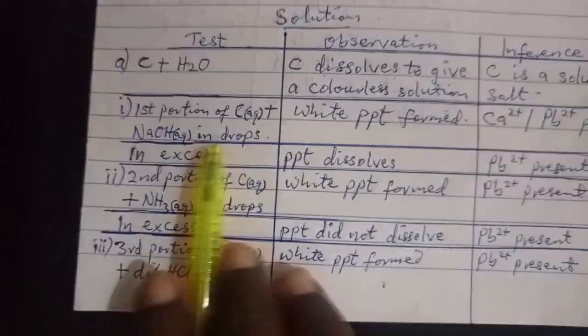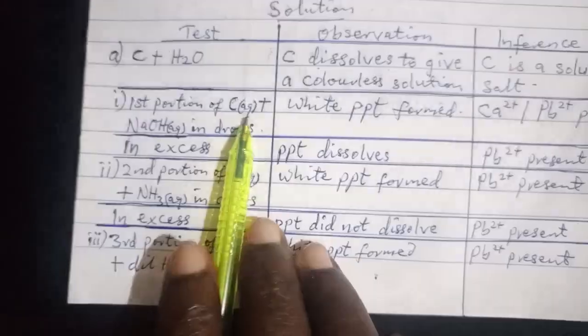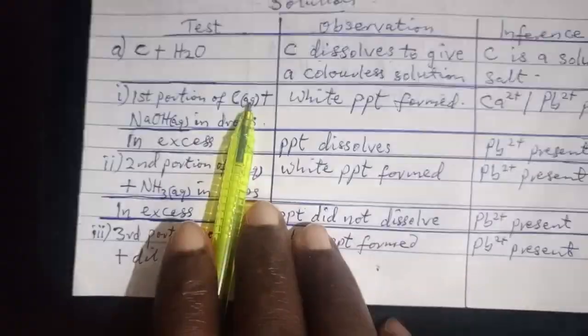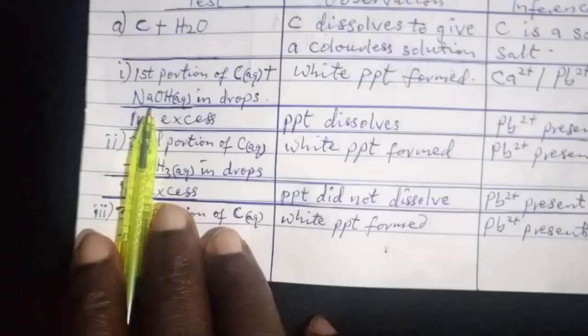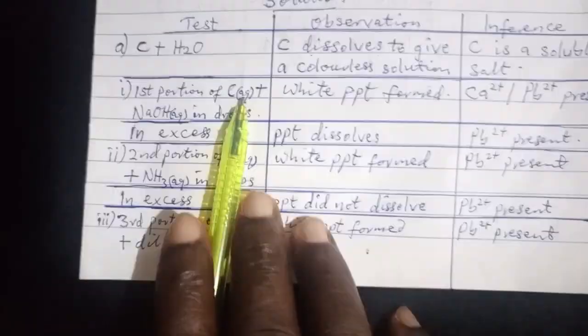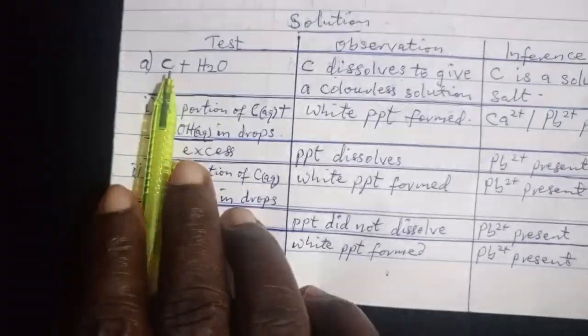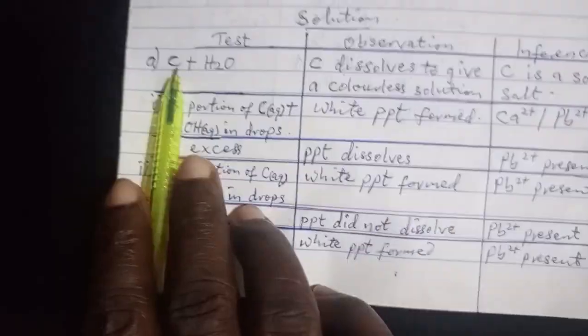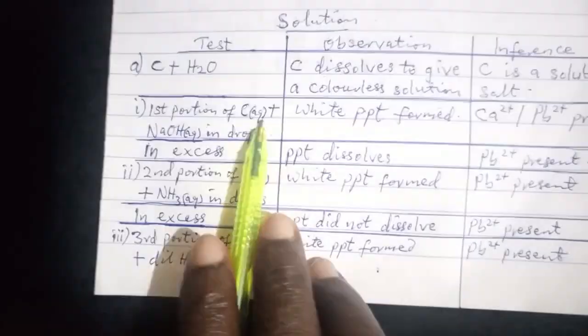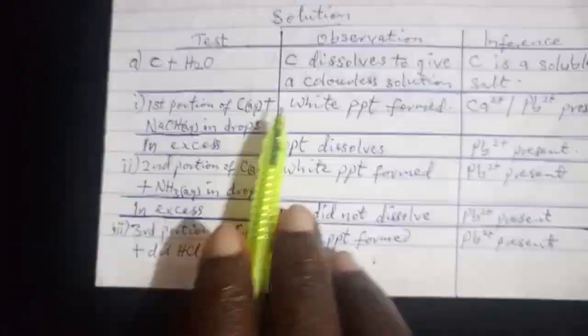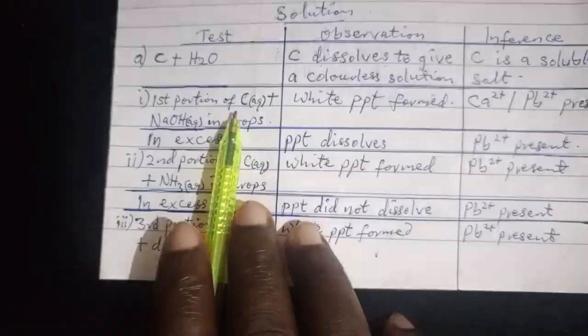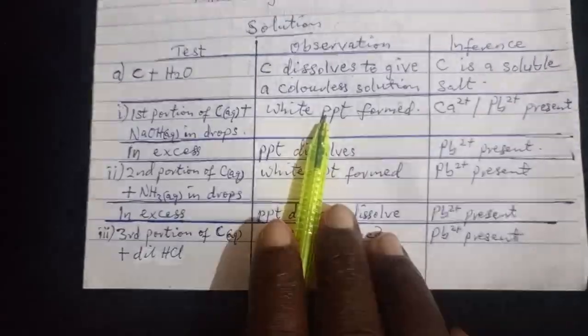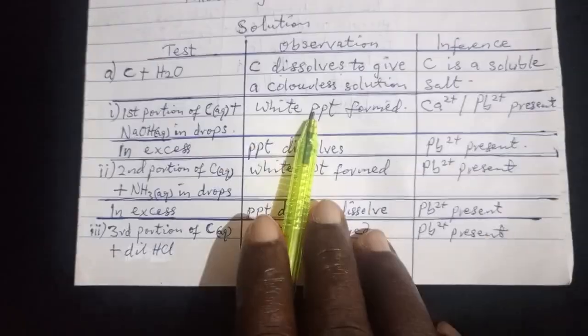Now, from that solution, pick your first portion. You can write first portion of C aqueous, or you write C aqueous plus NaOH aqueous. Do not fail to put this C aqueous. If you just write C, that means you are referring to the C sample, and they will mark you bad. Note also that when you don't get the test correctly, even when the observation is correct, they will mark you bad.